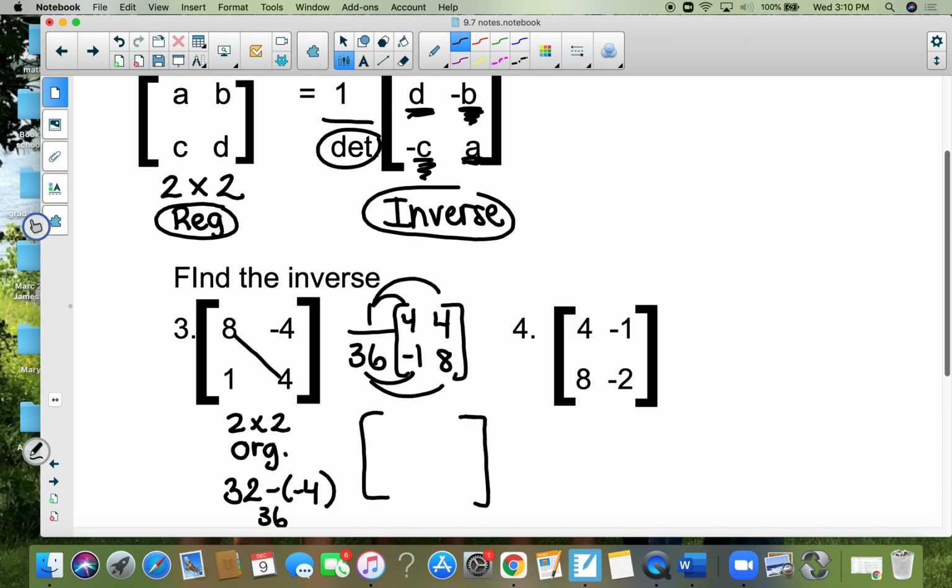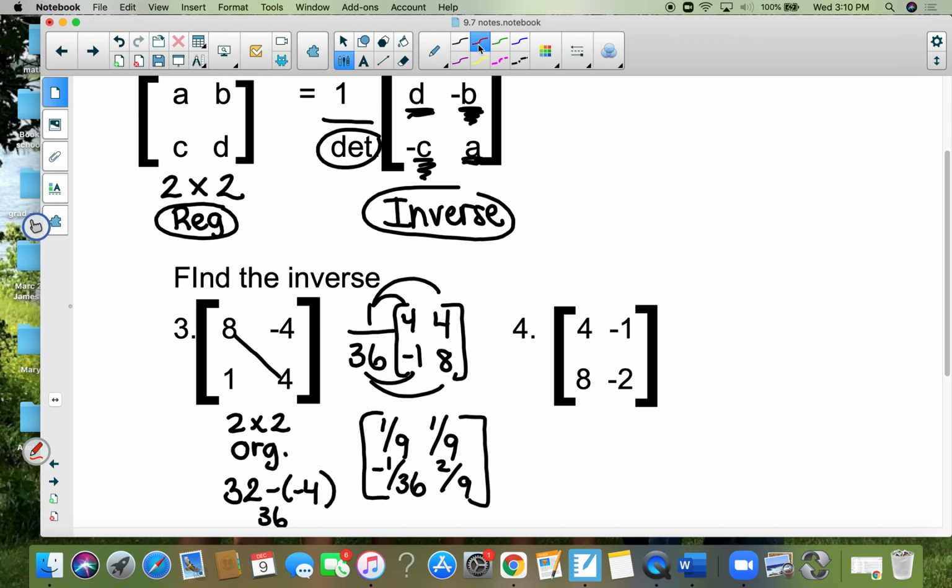So 1/36 times 4 is 4/36, which is 1/9. 1/36 times a negative 1 is a negative 1/36. And 1/36 times 8 is 2/9.